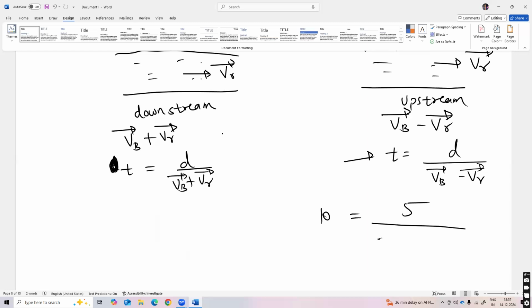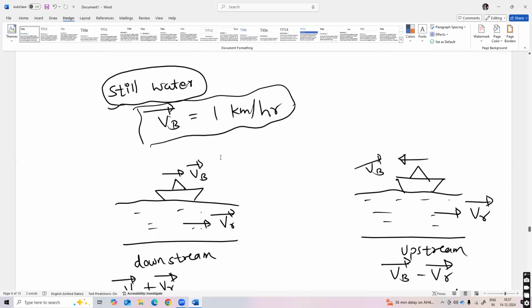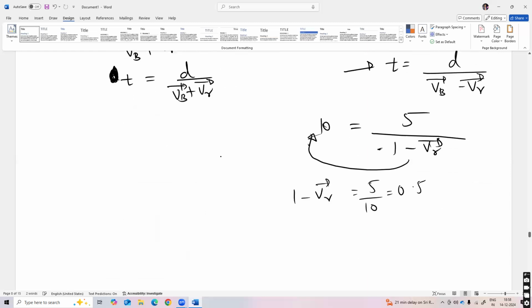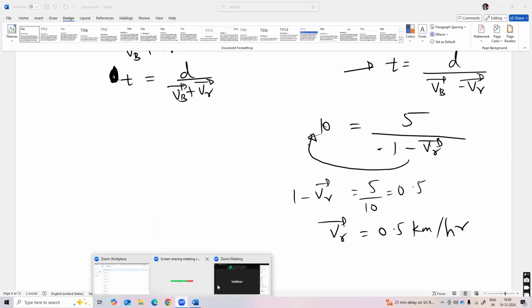VB is already known, 1 kilometer per hour, so we just have to find VR. If we bring this on this side and bring 10 into the denominator, we get 1 minus VR equals 5 upon 10, which is 0.5. Therefore VR is equal to 0.5 kilometer per hour. This is the velocity of the river.